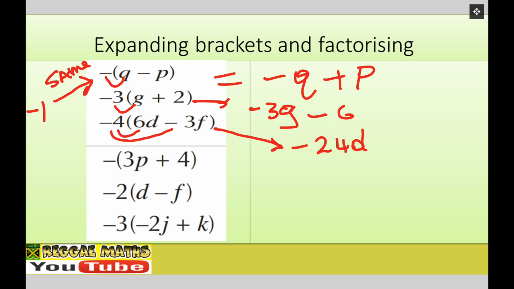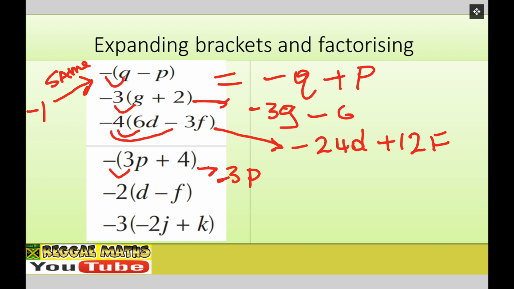So -4 times -3 is +12f. Right, -1 times 3 is -3p.